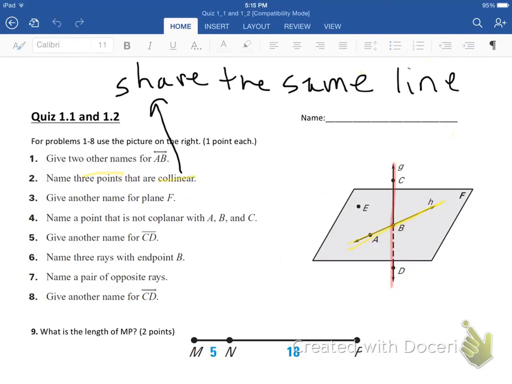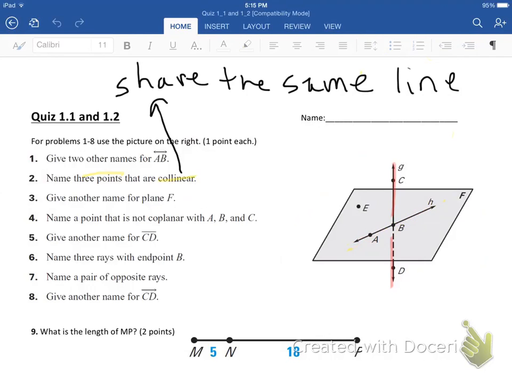Okay, we want 3 points that are collinear. Well, unfortunately, the yellow line has only 2 points on it, this point A and this point B. So I'm not going to use that one, so let's erase that one out.